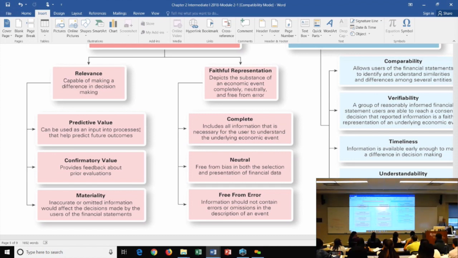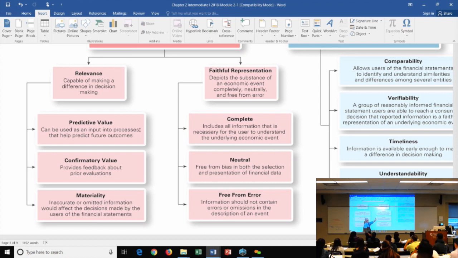All right, so any questions on the fundamental characteristics? You say that relevance also is subjective. Yeah, relevance may have more subjectivity, and that's where the trade-off comes in. Because the predictive value in particular is going to make more estimates. So if you have a projection that's going to be more relevant, it's going to lack accuracy in a sense, or have more errors.